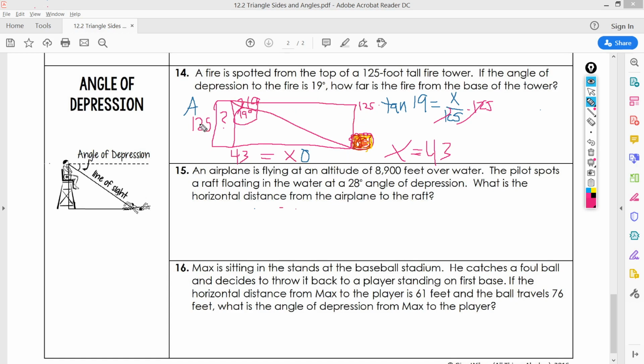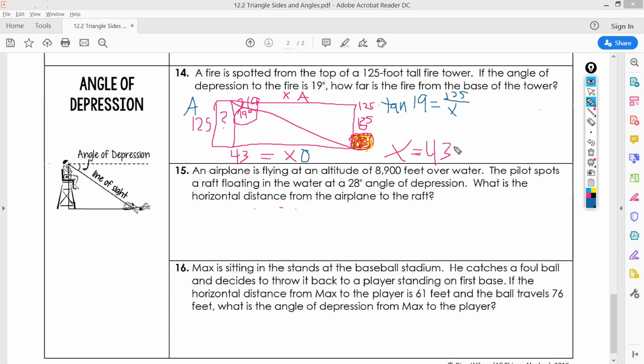It still has a side of 125, and this is still X. The difference is that if this is 19 now, this is now O and this is now A. So that means the fraction's flipped. Sorry, guys. So this is A now, and this is O. So it's tangent of 19 equals 125 over X.